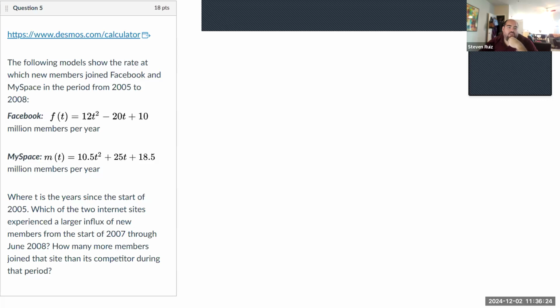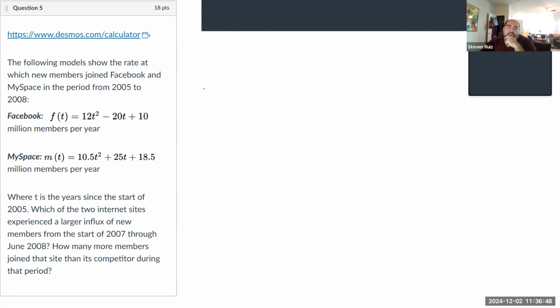How many more members joined that site? Okay, so I want to know which site picked up more new members. This is an application of basically the area between curves. And you can answer this question by integrating both f of t and m of t separately and seeing which one's larger. You don't have to do that.